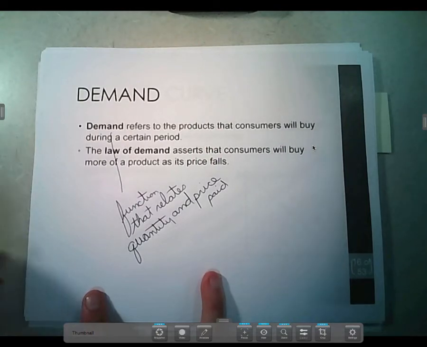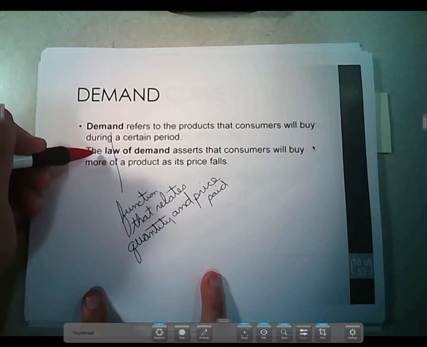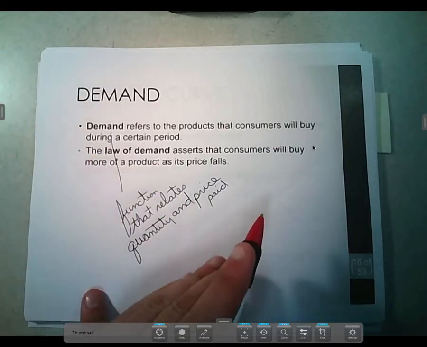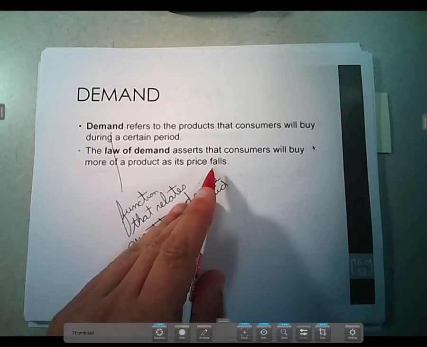And what we see from that demand curve is a law of demand that basically describes the fact that the demand curve is typically downward sloping. Or in other words, that I'll buy more of the product as the price falls.